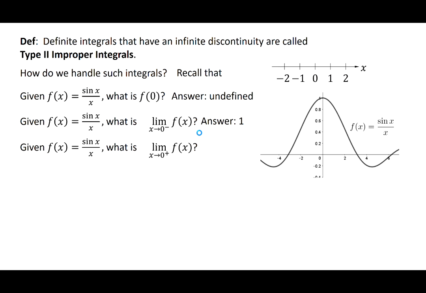Similarly, if we let x approach 0 from the right-hand side, 0 plus, again that limit is 1. So this concept of using a limit helped us when f of 0 itself was undefined, by changing the question to what happens if we simply let x approach 0. In type 2 improper integrals, that is the concept we'll apply.